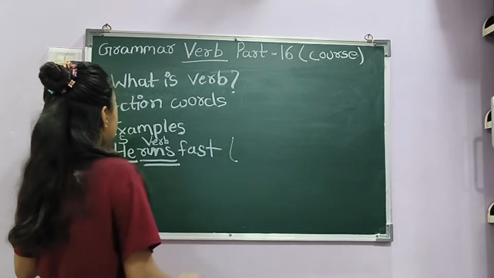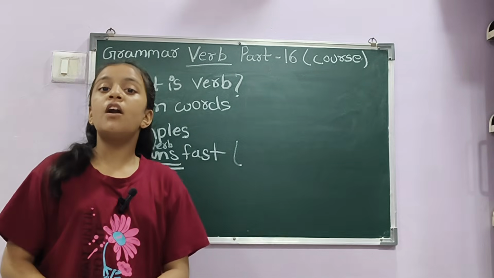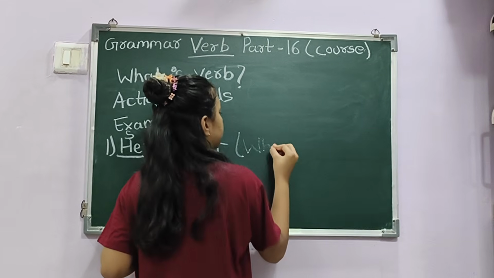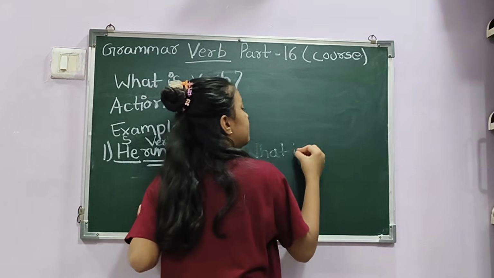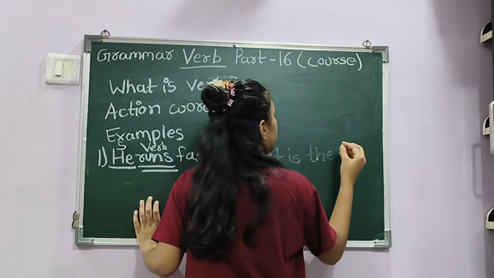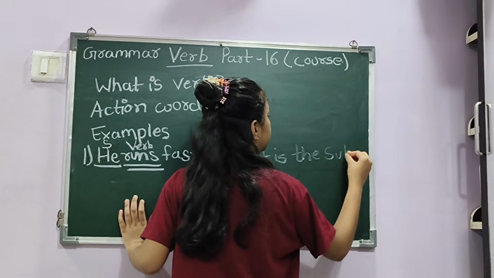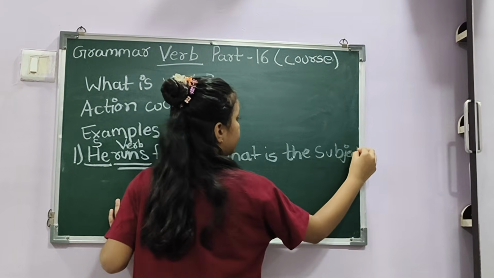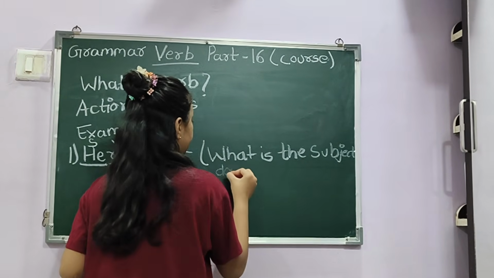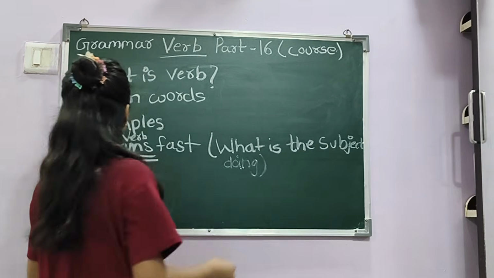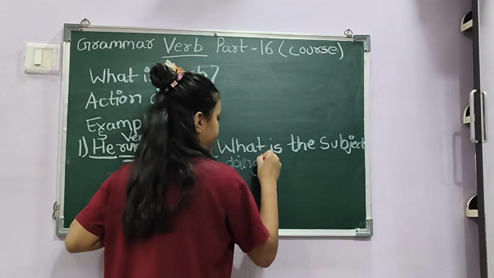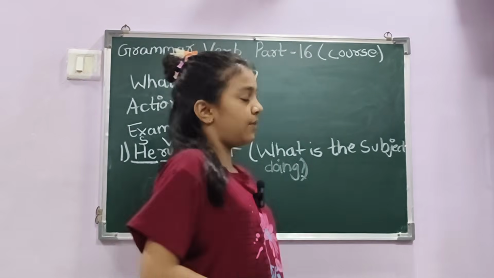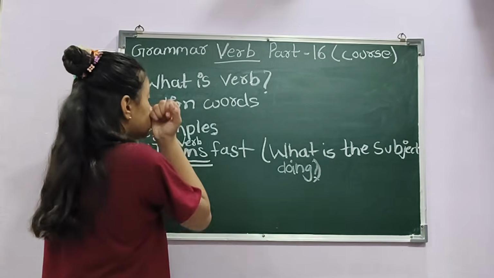A verb tells us what the noun, what the subject, is doing. What is the subject doing here? The subject is running. In this sentence, the action is of running. Understood, everyone? So this was the first example.